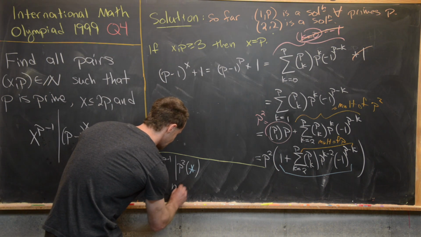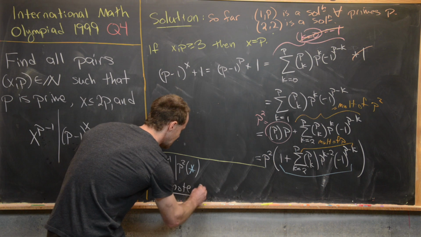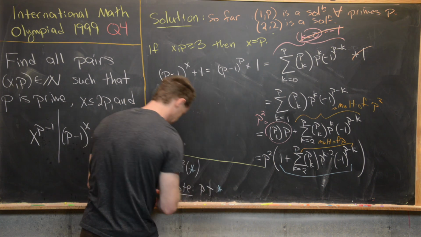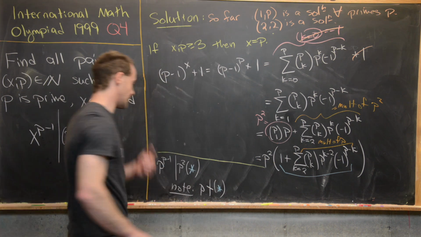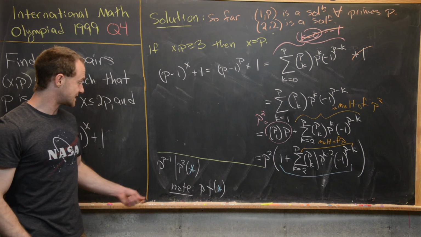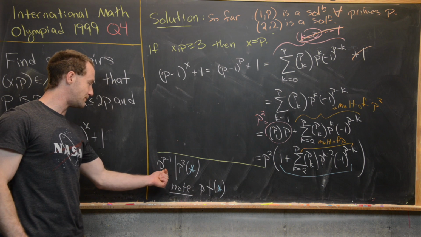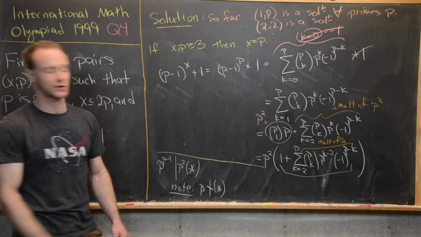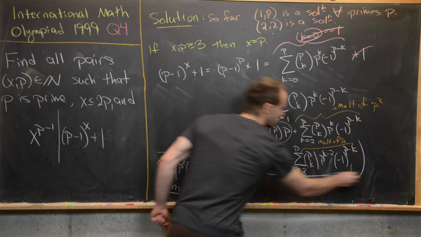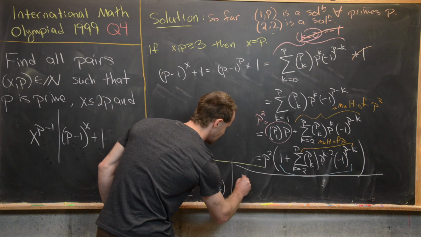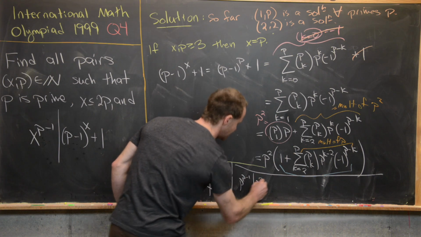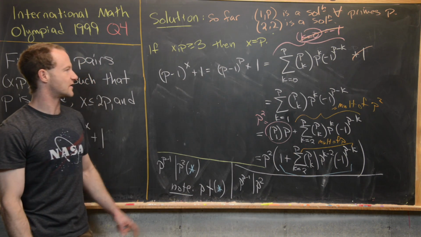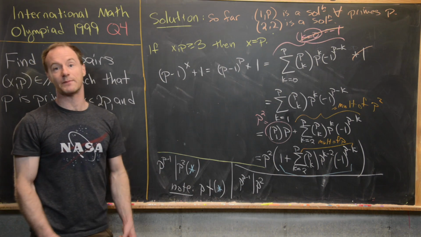So let's notice that p does not divide blue star. Great. But what that tells us is that this divisibility by p to the p minus 1 lies all within this p squared. So what we have is p to the p minus 1 must divide p squared. Now we're almost done, but I don't want to squeeze it in there at the bottom, so I'll bring that to the top and then we'll move on.